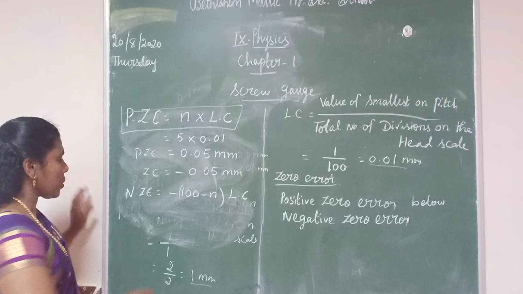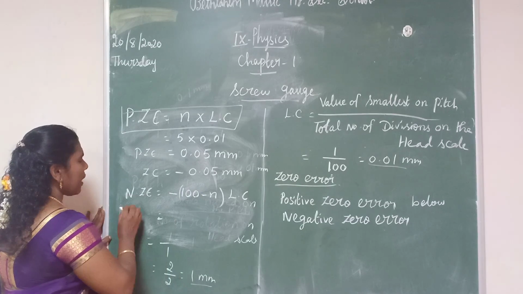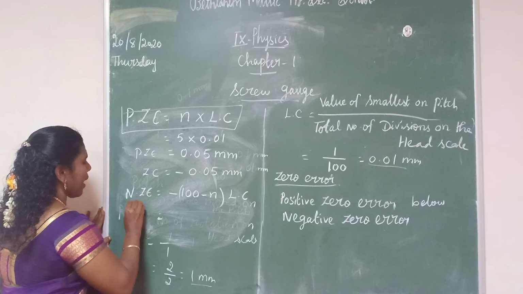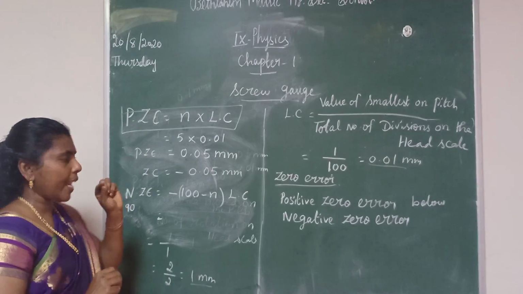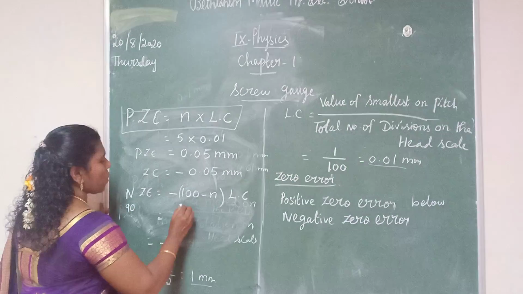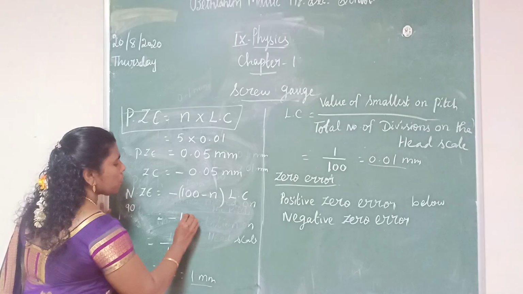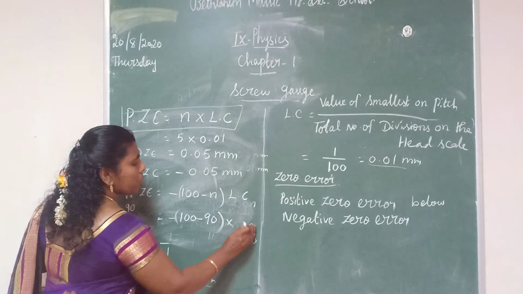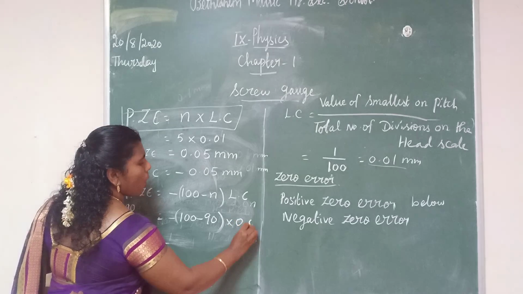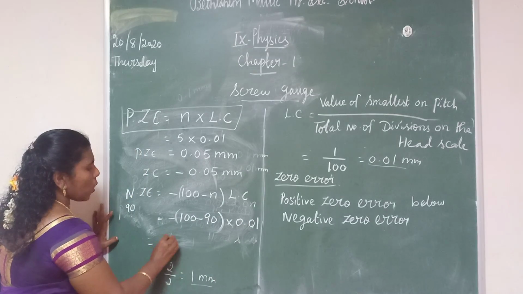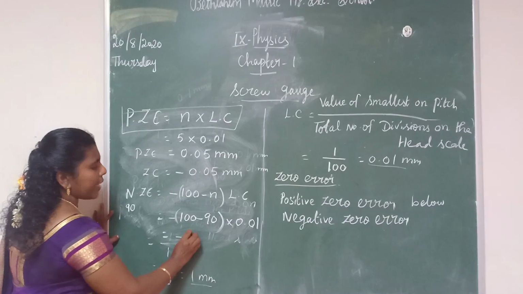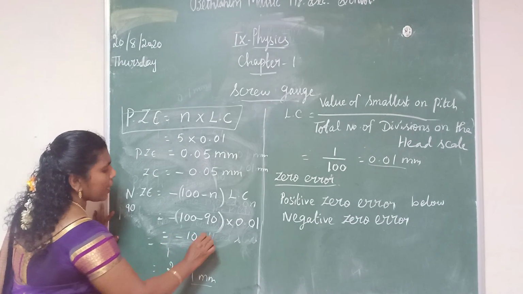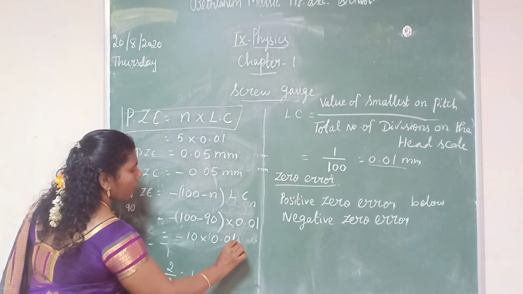LC means least count. Suppose here 100 divisions are there, and 90 divisions coincide. So instead of N you write 90. So 100 minus 90 into the least count 0.01. Subtract 100 minus 90, you get 10 into 0.01.